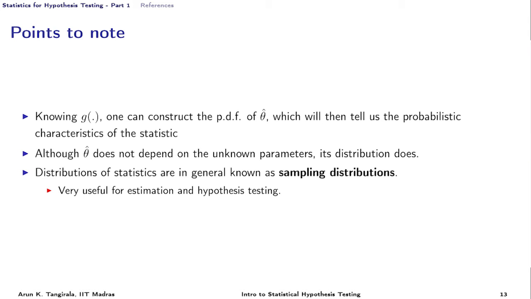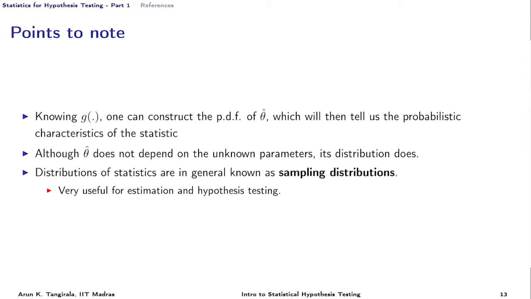Now, having said this, I should also tell you that the hypothesis tests are for the mean, variance, proportion and correlation, one of these. It does not mean that I have to use only these statistics, I can use any other statistic that will help me test those hypotheses.